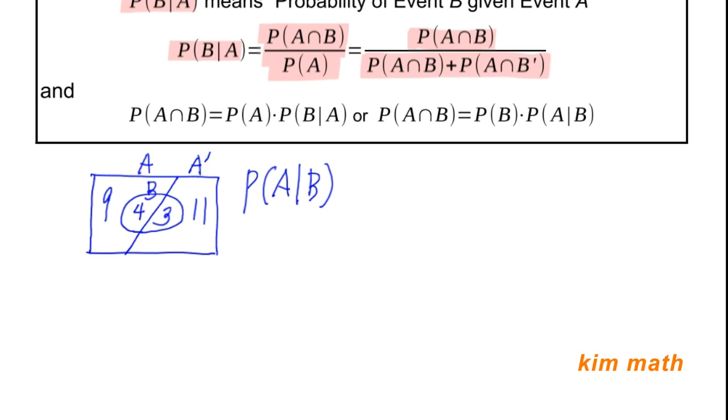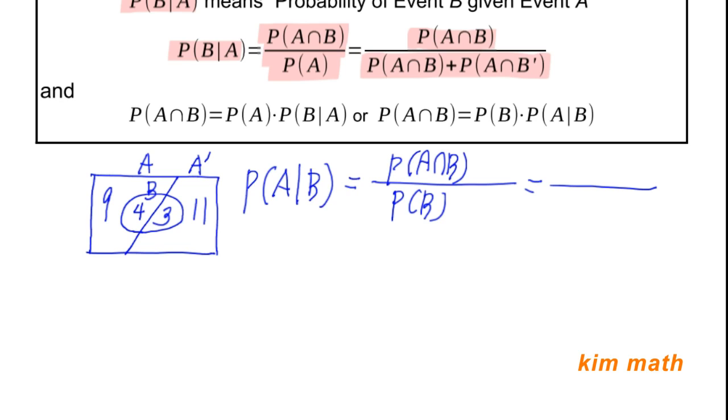According to the formula, we can rewrite this as the probability of A and B over the probability of B, right? So in this picture, what is the probability of A and B?